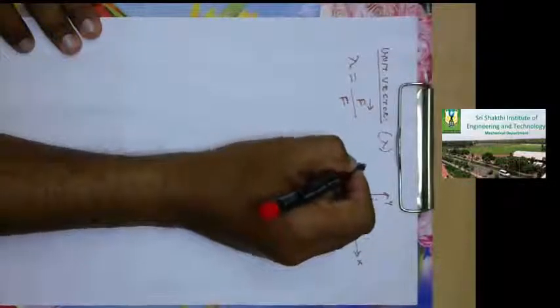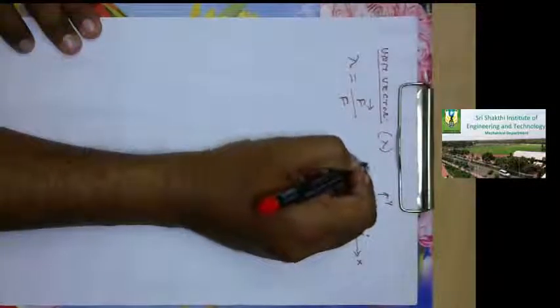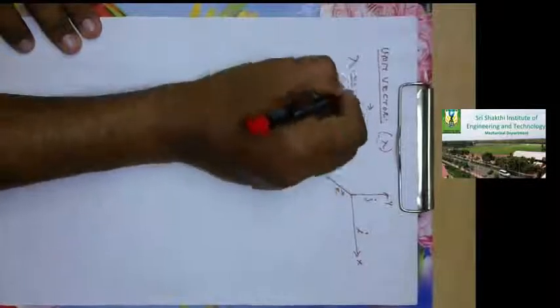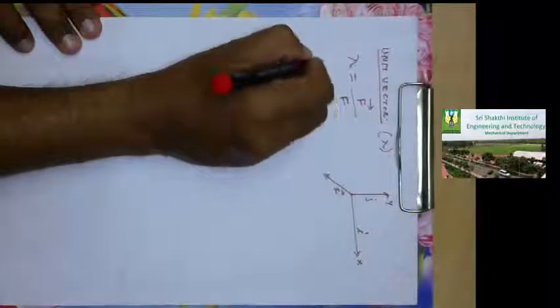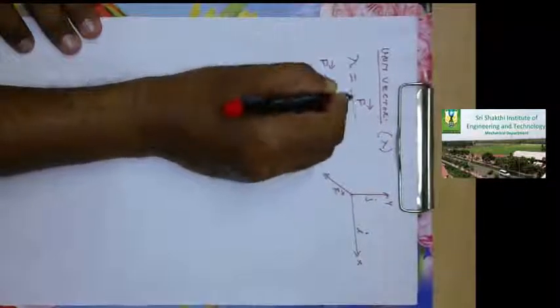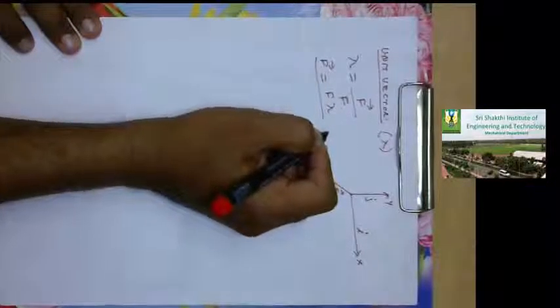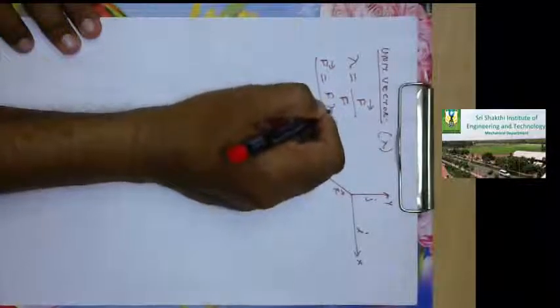It is like 5 divided by 5. The 5 vector divided by its magnitude 5 will give you lambda, the unit vector in space. Rewriting this, the F vector is nothing but F lambda, where lambda is the unit vector and F is the magnitude.